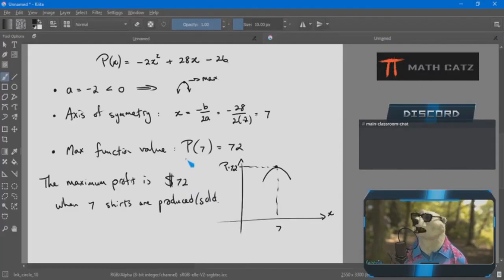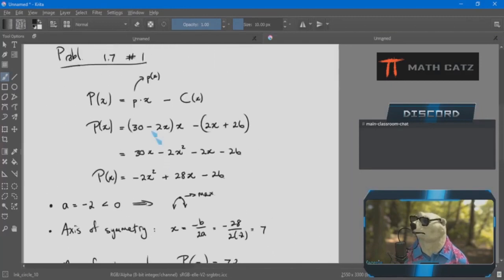Well, we have our price function, so to speak. Little p is 30 minus 2x. So the price depends on the number of t-shirts that I sell.